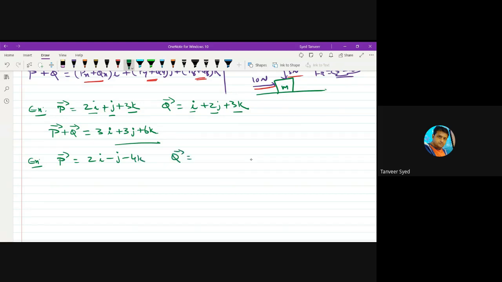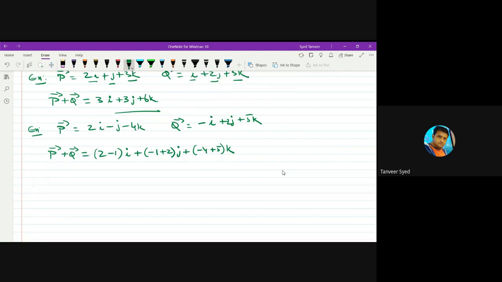If vector p is 2i minus j minus 4k and vector q is minus i plus 2j plus 5k, then I am writing the coefficients only.